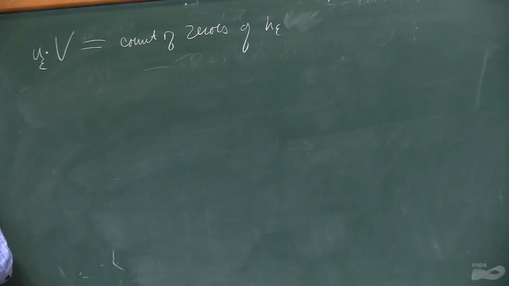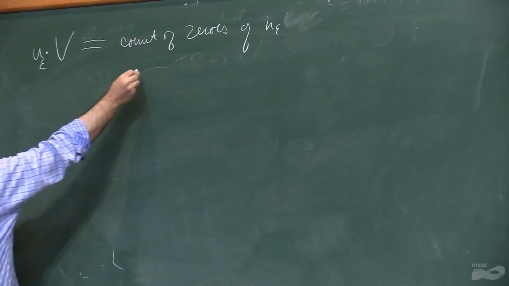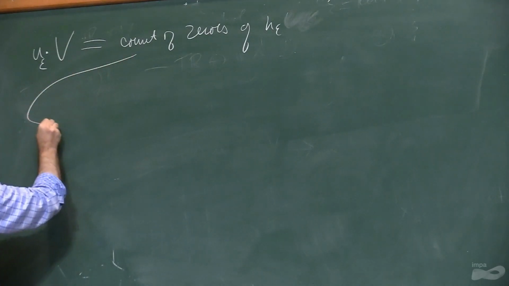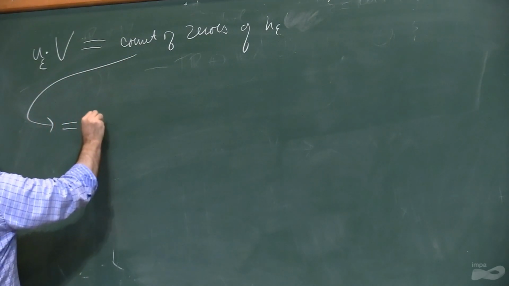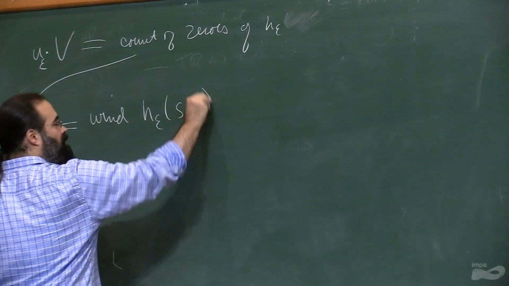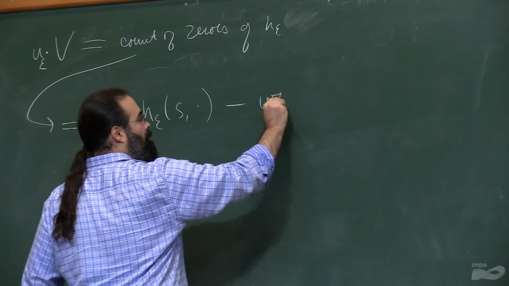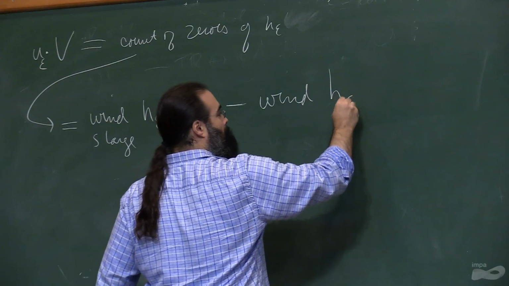So what's the count of zeros of h epsilon? That's a map from a cylinder to R2. This is just the normal component. It's like mapping to R2. So the count of zeros of h epsilon is equal to the winding of h epsilon at s large minus the winding at 0.